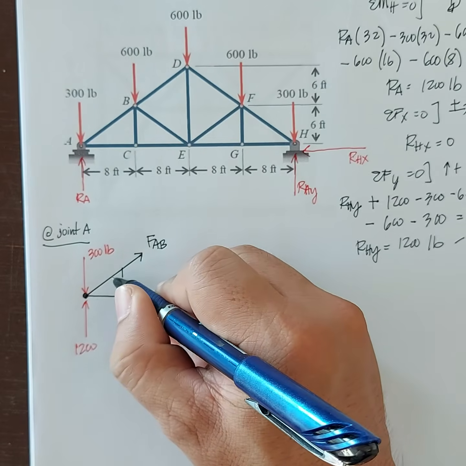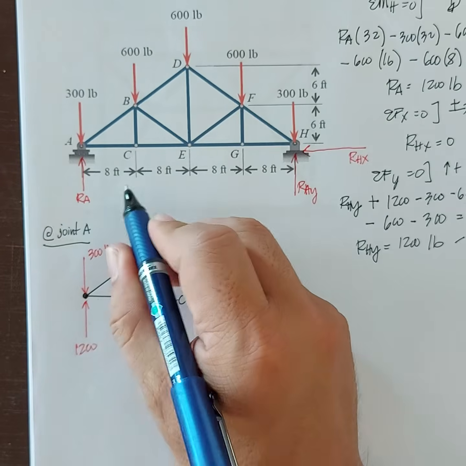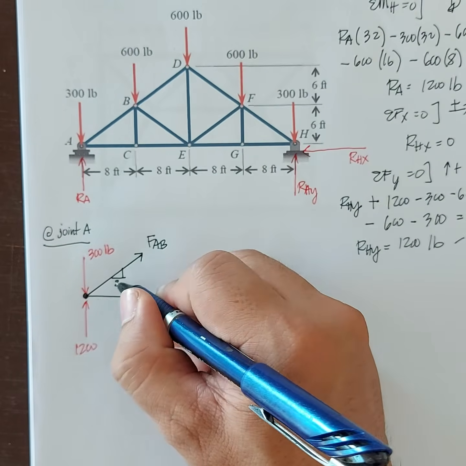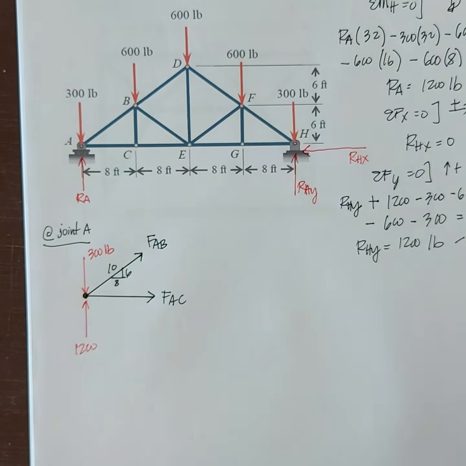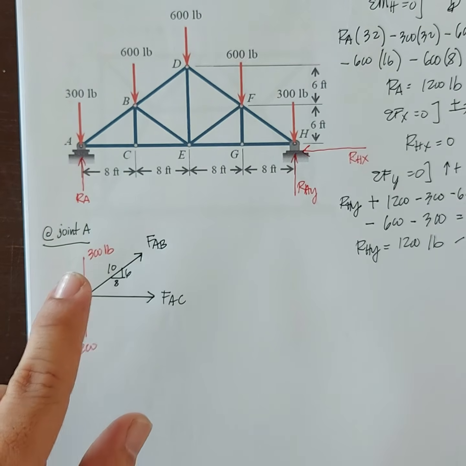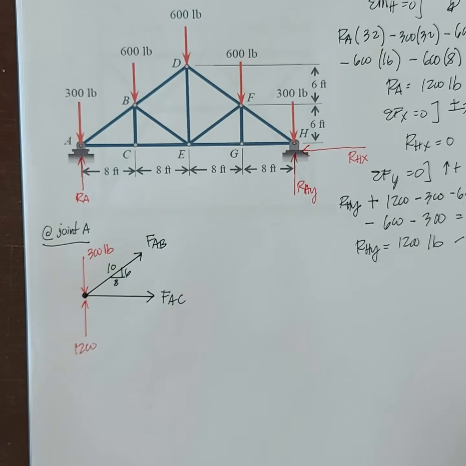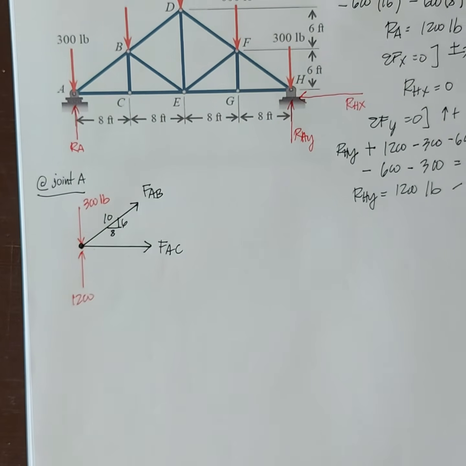Don't forget our slope. The dimensions of our truss are given, so let's just use the given dimensions: 8, 6, and this is 10, the square root of 8 squared plus 6 squared, which is 10. Okay, now we can apply the two conditions of equilibrium to solve for the bar forces.